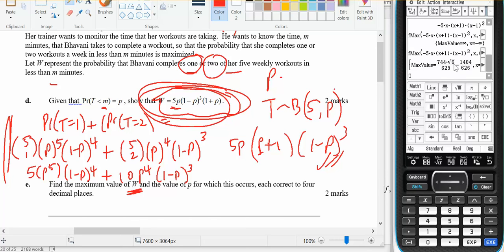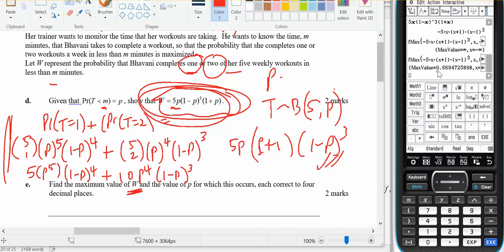And I get, am I doing it to decimal places? I am doing it to 4 decimal places. So the maximum value is 0.6694 when p equals 0.289897.